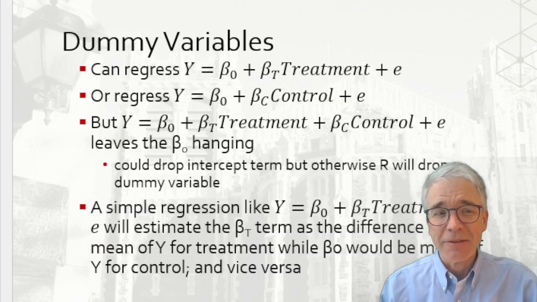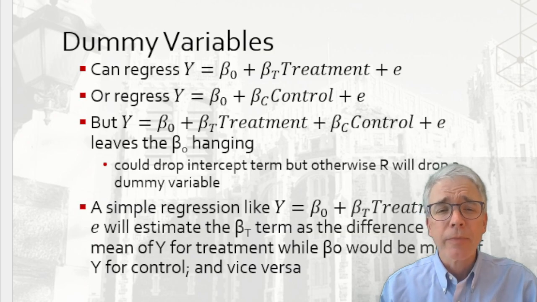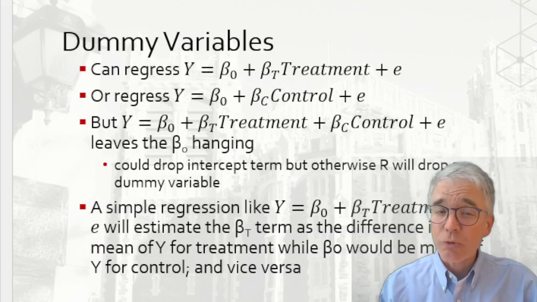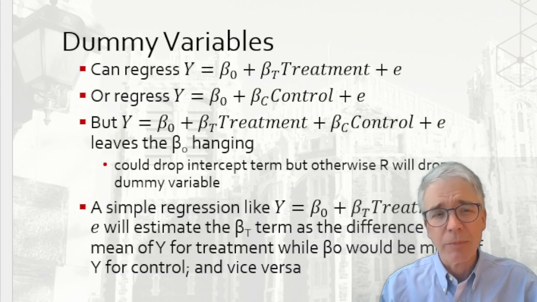naught's left hanging, undefined. When the dummy variable is for treatment, that asks us how the treatment subjects are different from the omitted category, which happens to be the control. When the dummy variable is for control, then that asks how the control are different from the omitted category, which happens to be treatment.